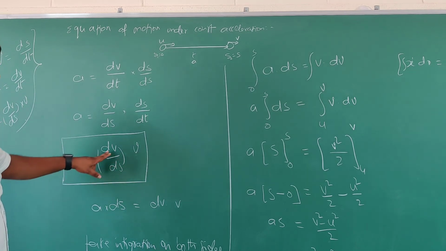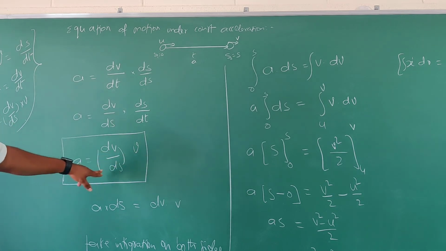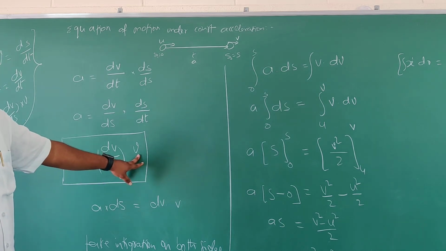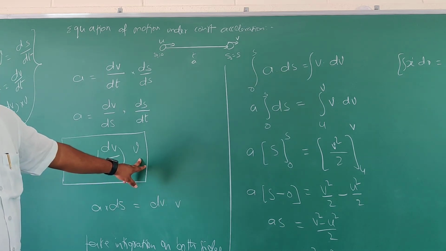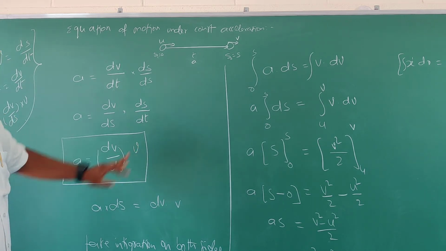So a is equal to dv by ds into velocity. We wanted to avoid time, so we got the equation: acceleration a is equal to dv by ds into v. Very important equation this is. Keep in mind.